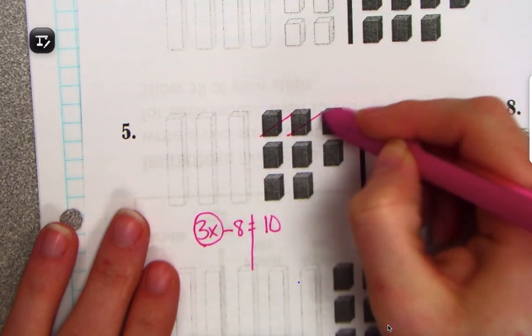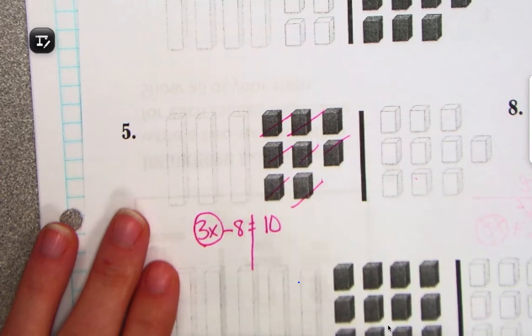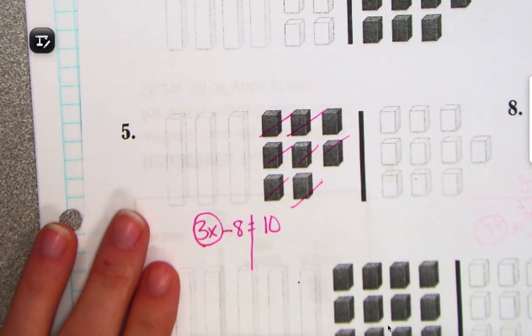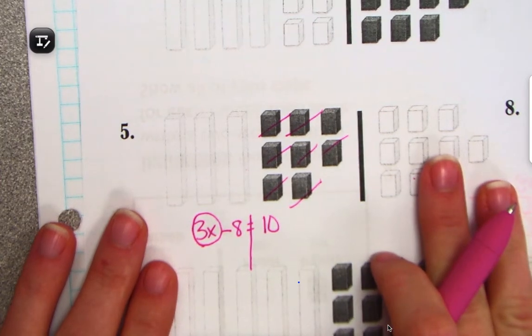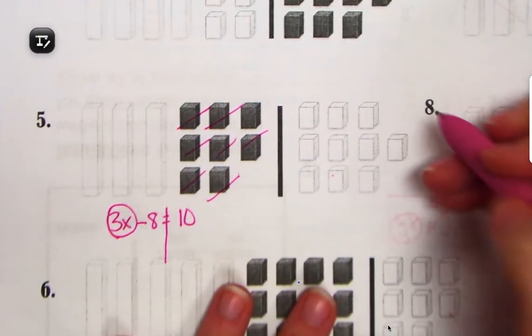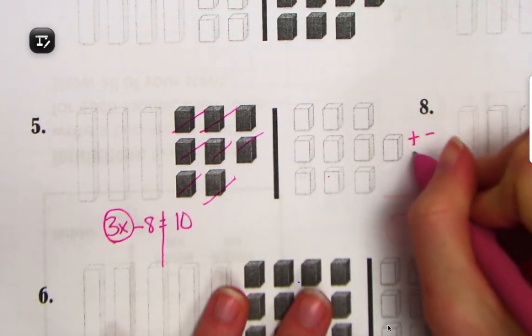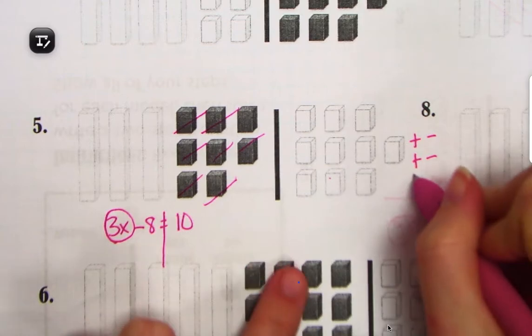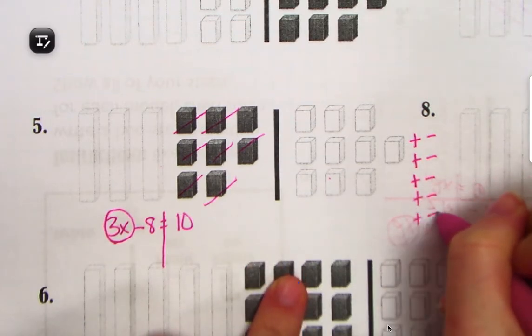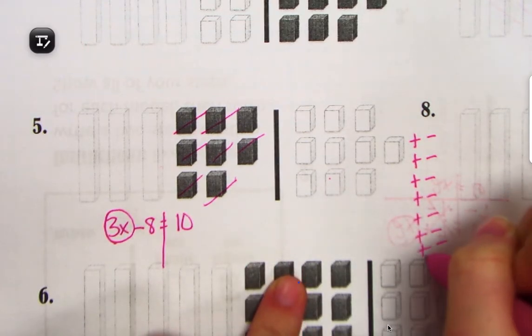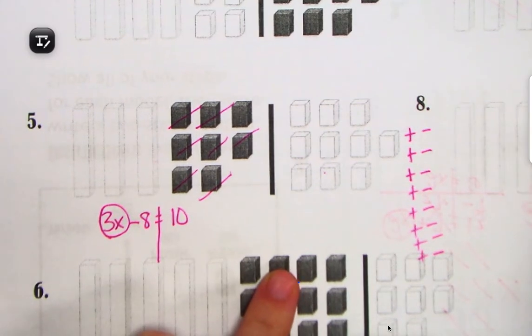So, I'm going to mark these out. But the problem is I don't have negatives over here to get rid of. So, I'm going to do the same thing I did before and add 0 pairs. And I'm going to add 8 of them. Okay, so now I have 8 negatives I can get rid of.